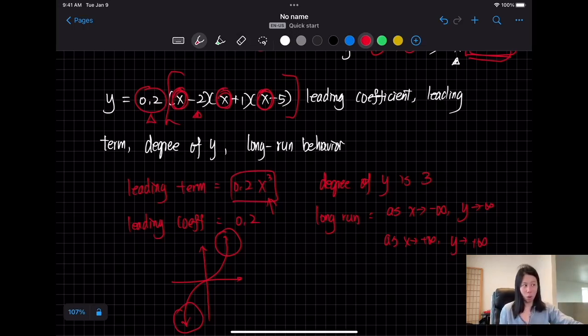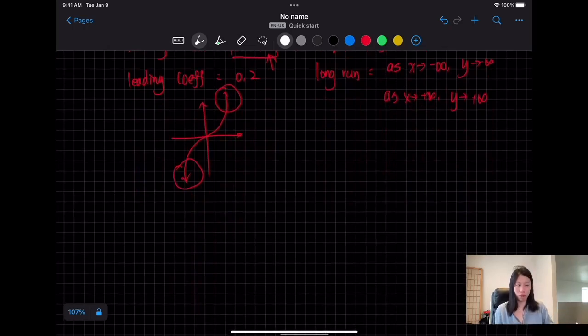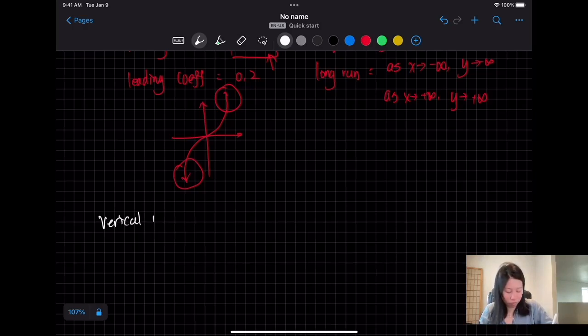And now the last part is the short run behavior of a function. So the short run behavior is determined by the intercepts and the turning points. Those are described as short run behavior. For intercepts, we will have a vertical intercept and a horizontal intercept.